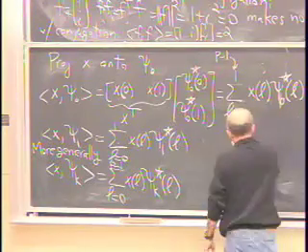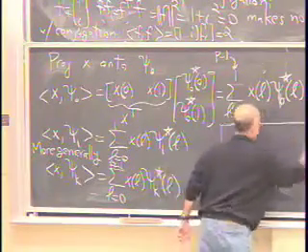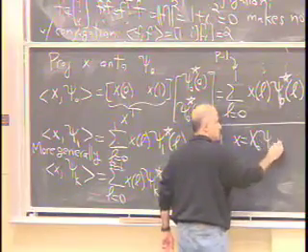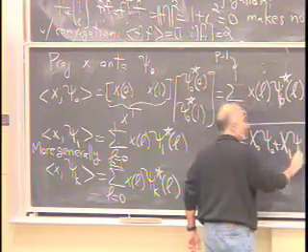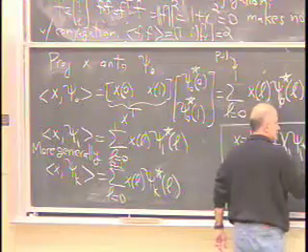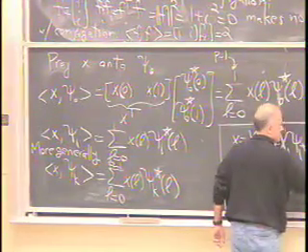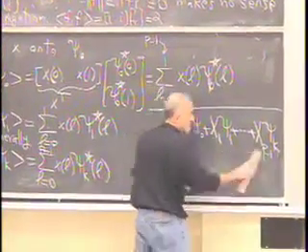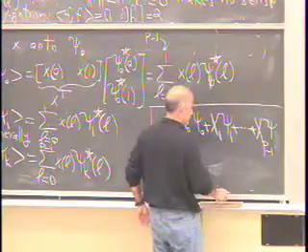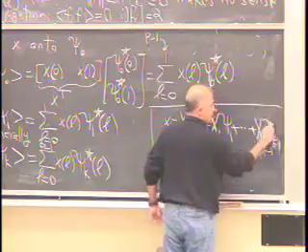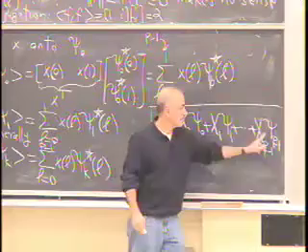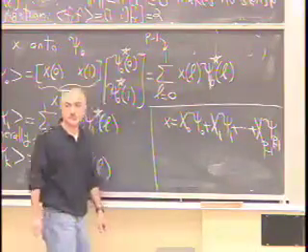Remember, we have this equation: x is a linear combination of a bunch of these c's, and I'm trying to find the kth coefficient.